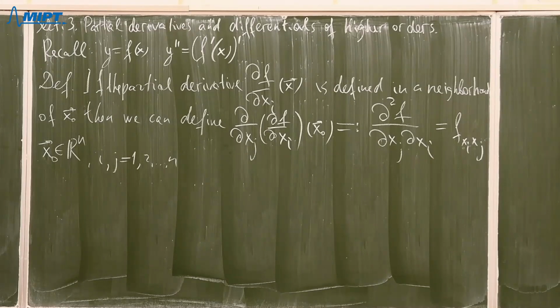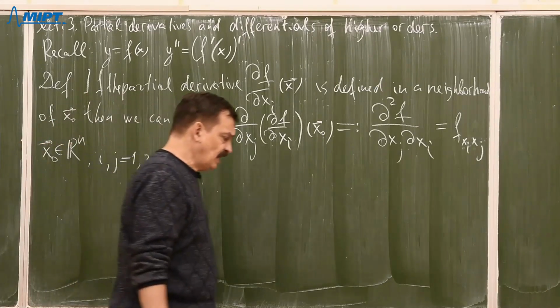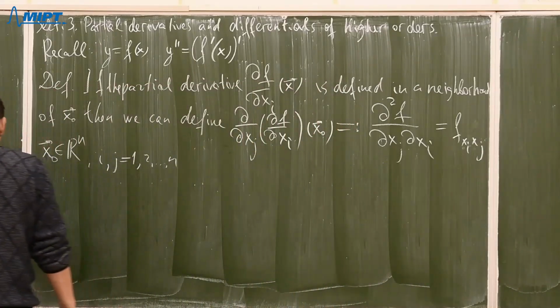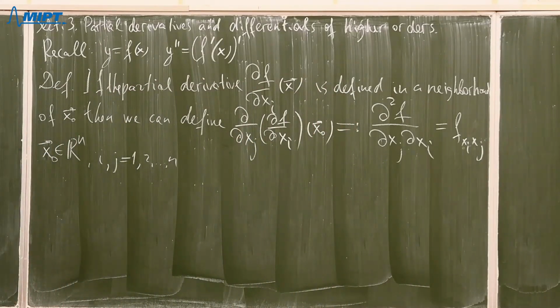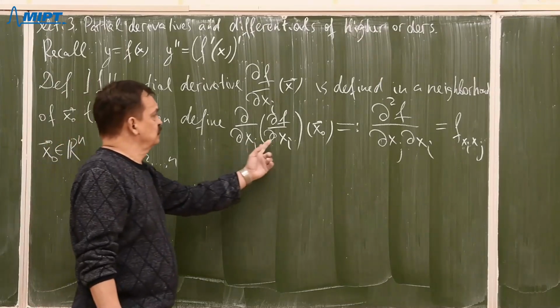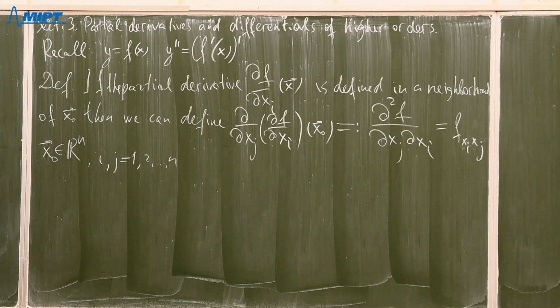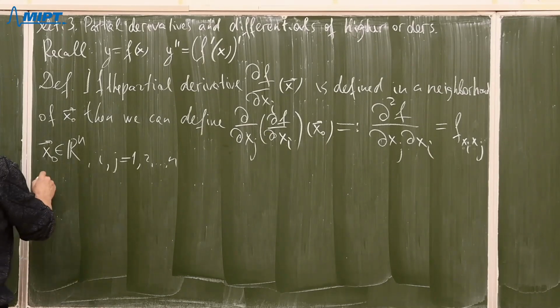And you see that in general we can define partial derivatives with respect to two different variables in a different order, and sometimes the order is important. So I'll start with an example.